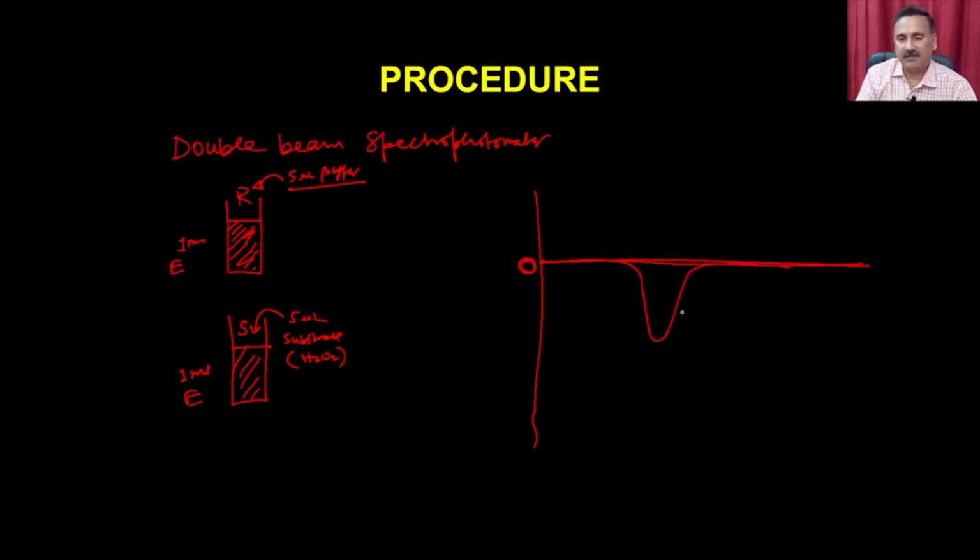If the substrate is interacting, it is going to mask some of the chromophores, and that's why it shows the dip in the spectra. If the substrate is not interacting, then it is going to show you an increase in the spectra.